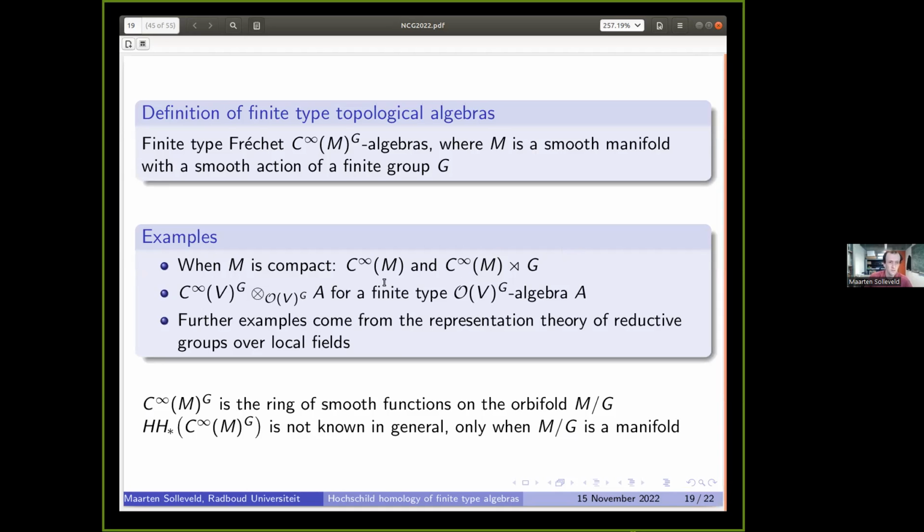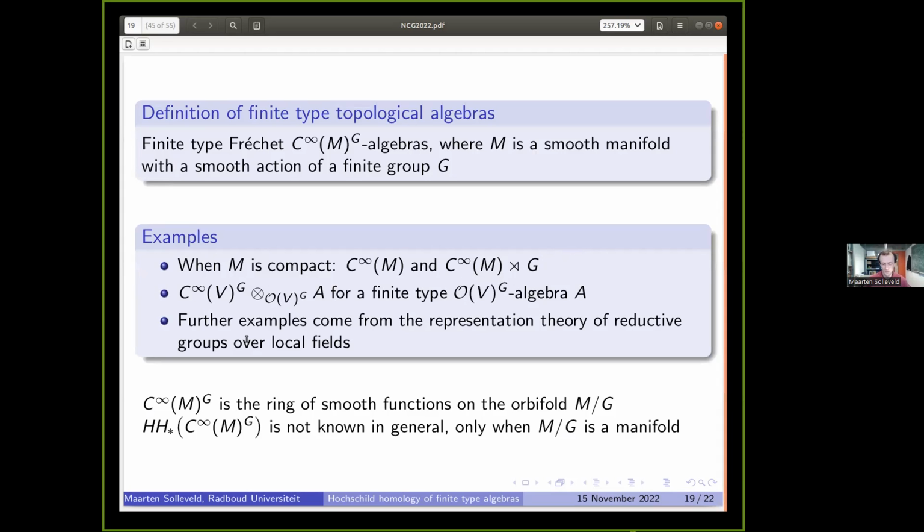Another source of examples is, okay, you take the previous notion of a finite type algebra in a purely algebraic sense, and then you assume that your affine variety is non-singular, and you regard it as a smooth manifold, and you tensor it up with smooth functions, then you get again another finite type algebra of topological kind.